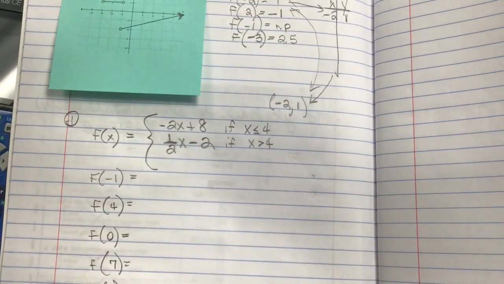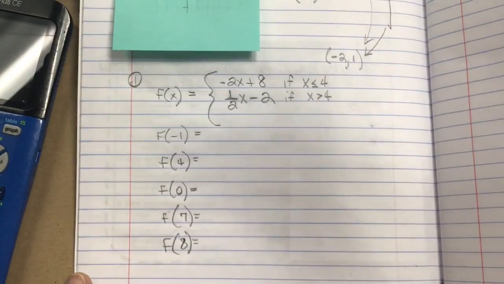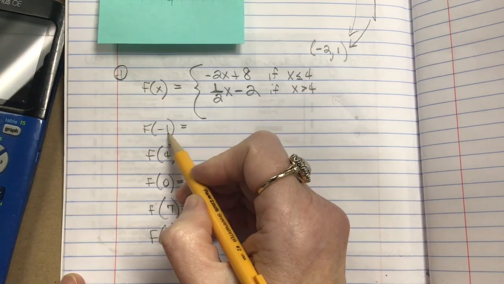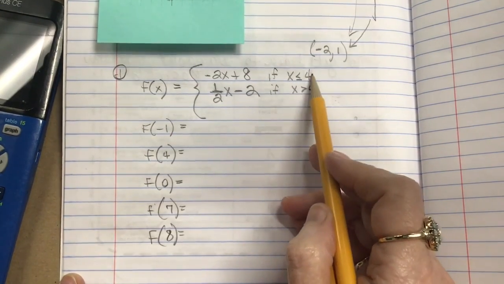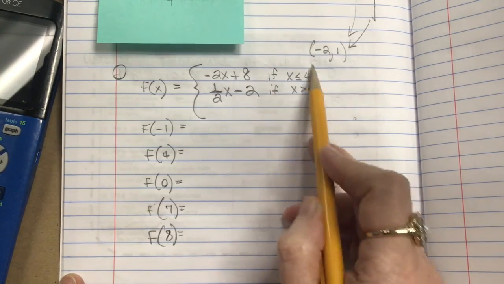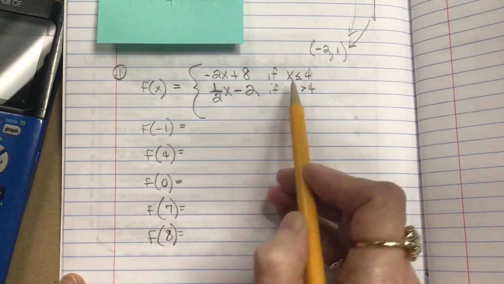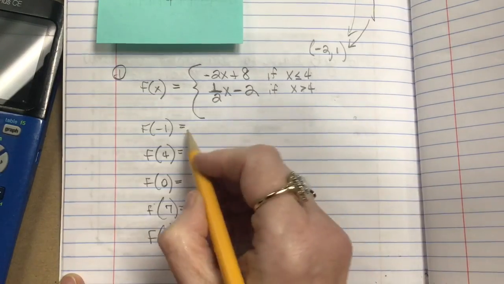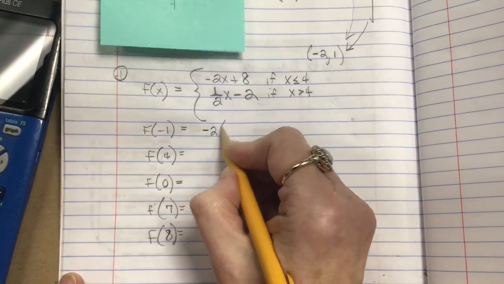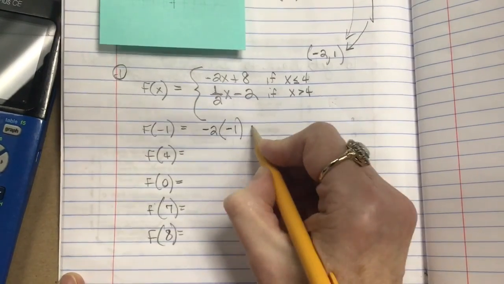Well, that's what you have to do here, but you're doing it by algebra rather than by looking at the graph, a visual thing. So where is -1 in terms of my domain? Is it less than or equal to 4, or is it greater than 4? Less than or equal to 4. So I know that -1 is going to be on the line that's coming down, so I'm going to put -2 times -1 plus 8.